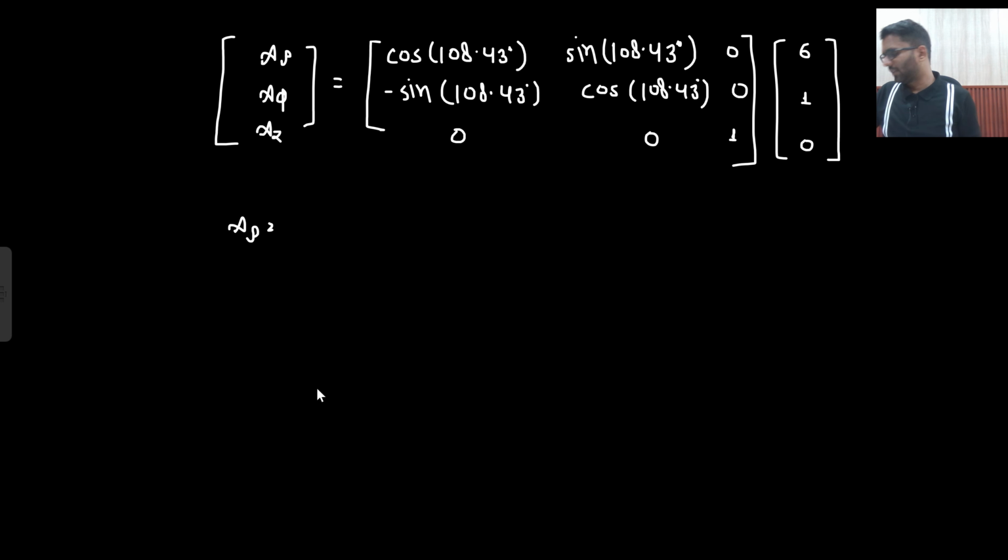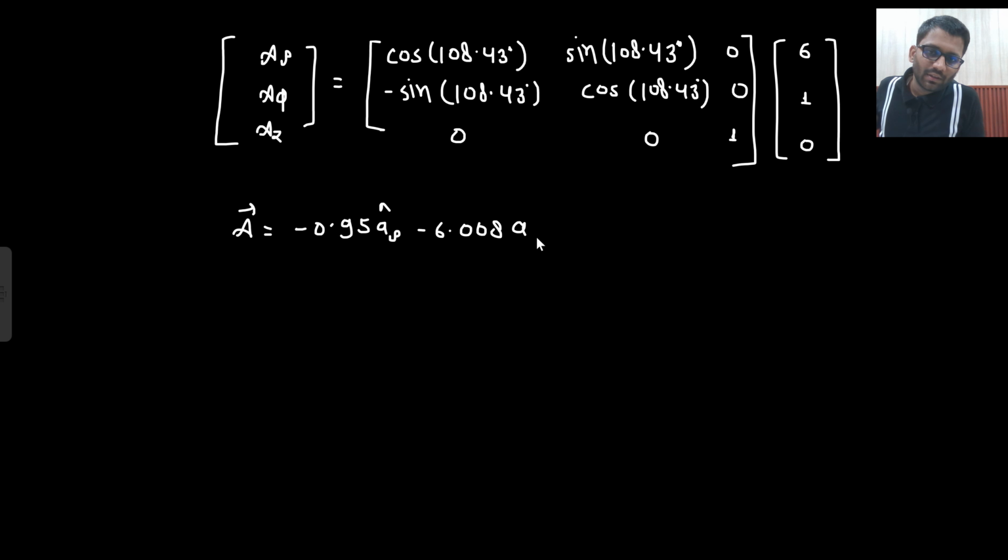So directly I am writing down the function. You can see az is coming out to be 0 only. So what am I going to get? Vector a equals minus 0.95 a rho cap and minus 6.008 a phi cap.